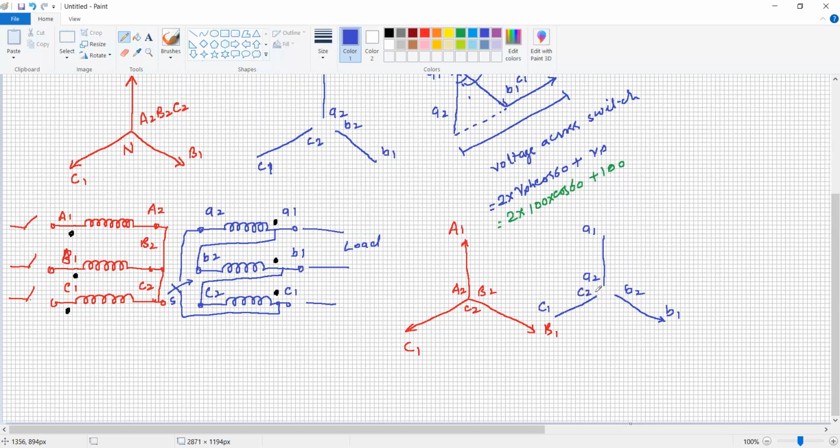Now, which two terminals are connected? A1 and B2.